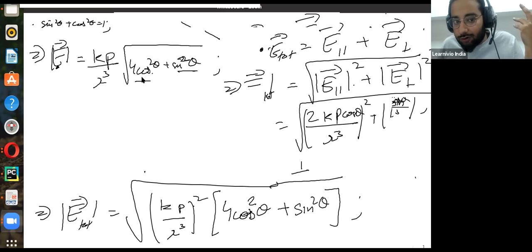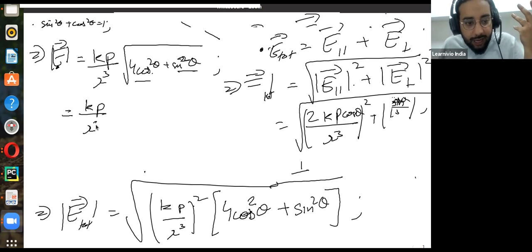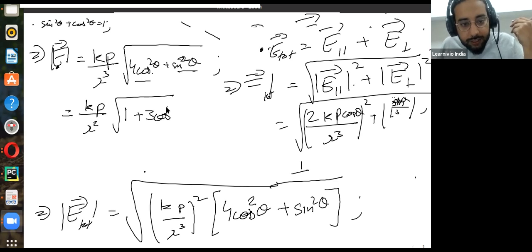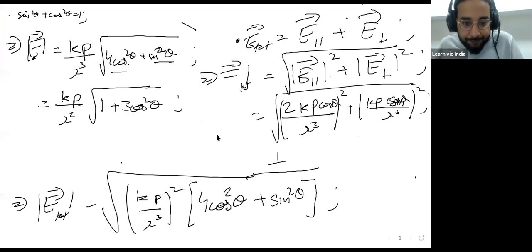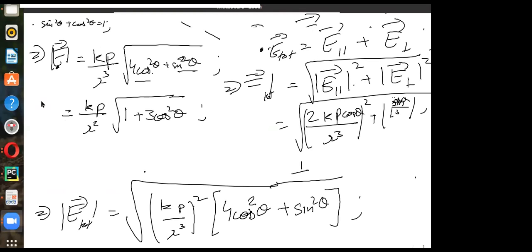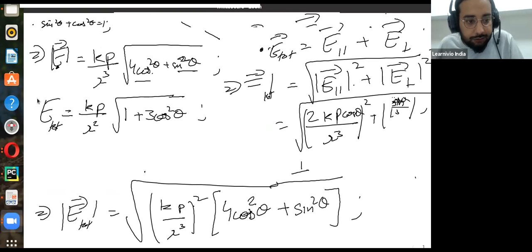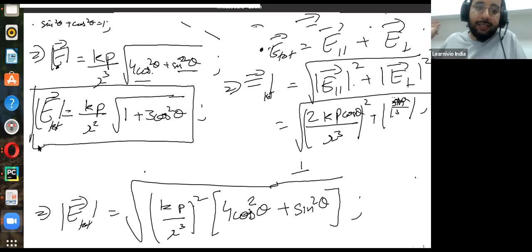We can take one of the cos square theta out of the four that there are, and three will remain. So what you have essentially is 1 plus 3 cos square theta. Does that make sense? And that will be essentially the total magnitude of the electric field at a general point in the theta direction.